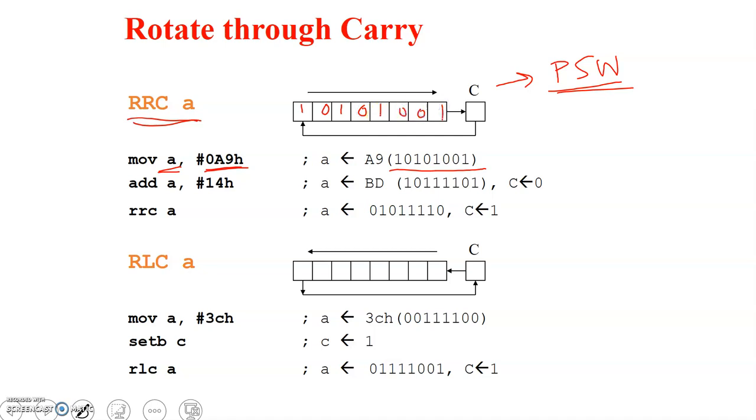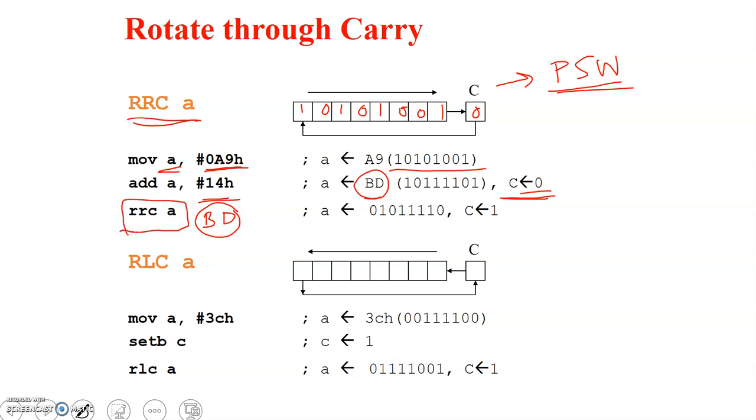And I'm adding this number to A, 14H. If I'm adding these two numbers, what will I get? 9 plus 4 is D, and A plus 1 is B. So A will have a value of BD, as I have written here. And this addition does not result in setting of the carry flag. So carry flag is 0.